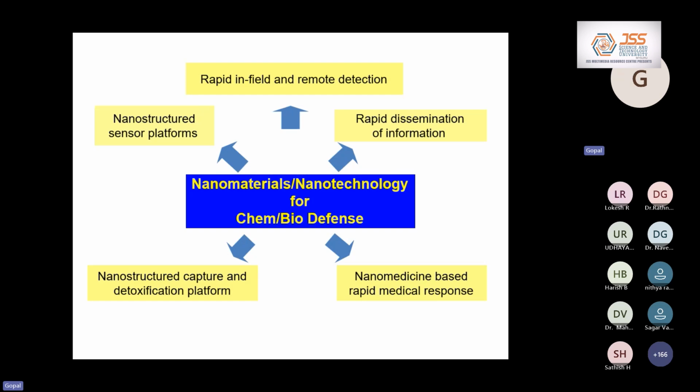So nanomaterials and nanotechnology in chemical and bio defense. Now, it is a very wide area in terms of research: rapid in-field and remote detection, nanostructured sensor platforms, rapid dissemination of information, nanostructure capture and detoxification platforms, nanomedicine-based rapid medical response. So for every one of these things, what we need is a nanostructure which can respond to light.